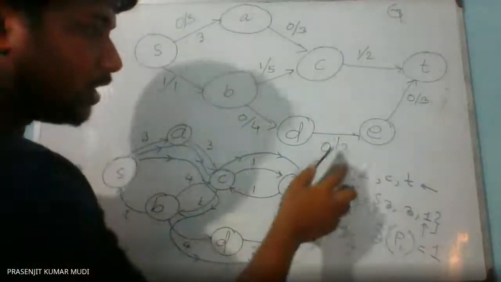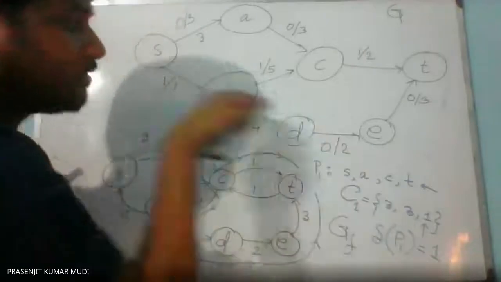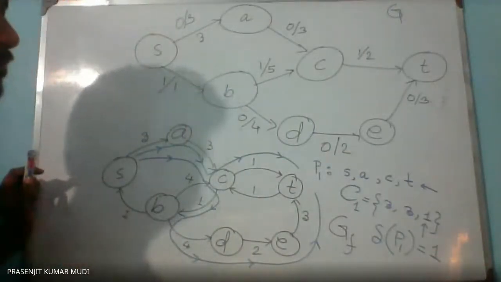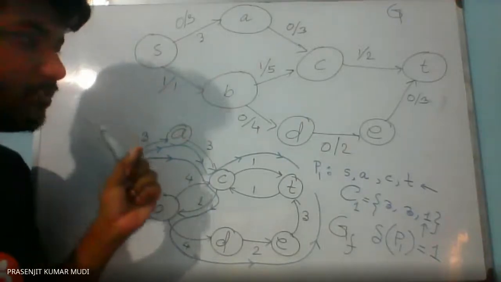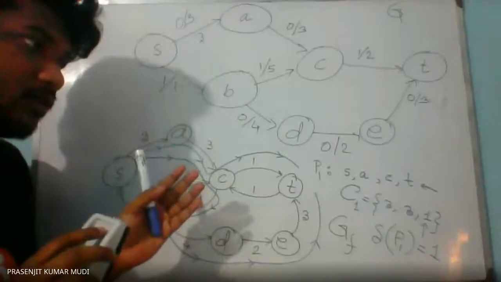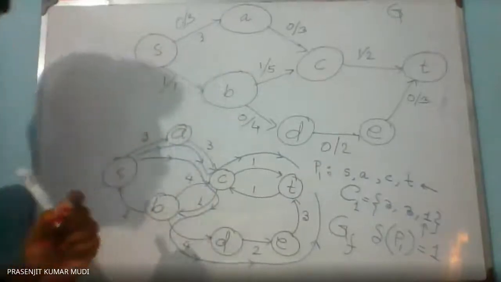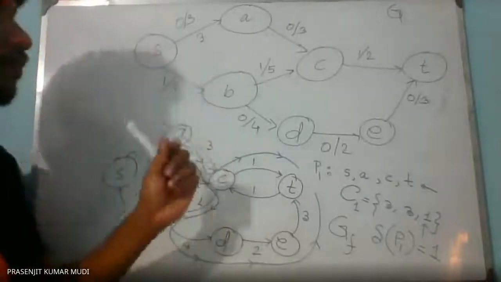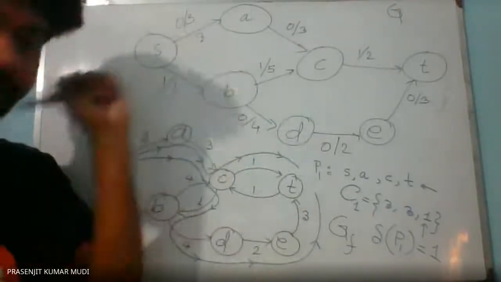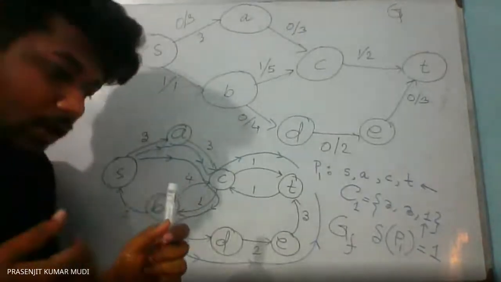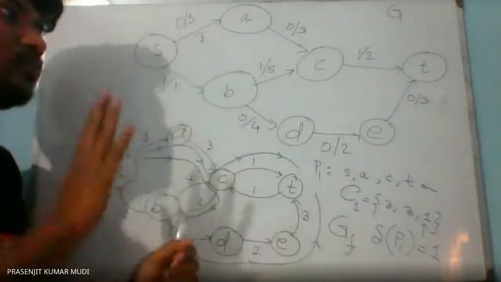Selecting P1 as the augmenting path, it is called an augmenting path because this path is chosen to serve a purpose, and the purpose of this path is to increase the flow from source to sink. It is like augmenting the flow from source to sink.